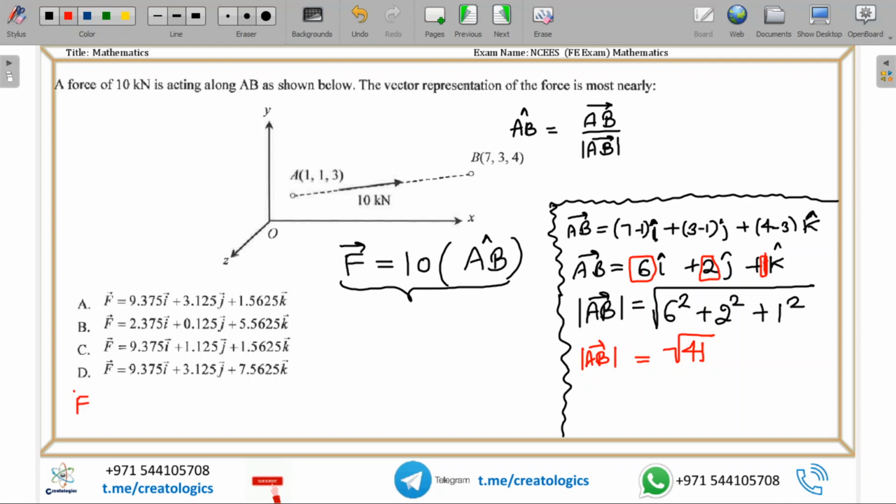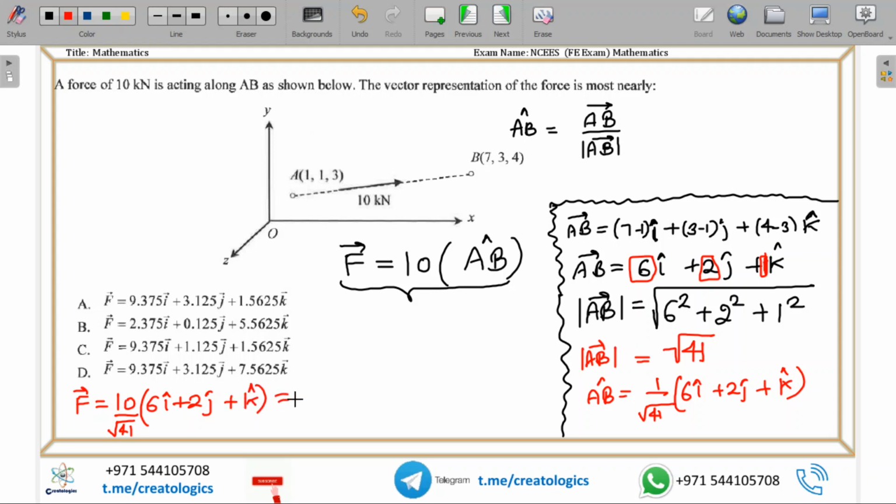Now, final answer. Final answer is F vector, which is going to be 10 times this AB cap. What is AB hat? The value of AB hat is equal to 1 over root 41 times 6i plus 2j plus 1k. That gives me 10 over root 41 times 6i plus 2j plus 1k cap.